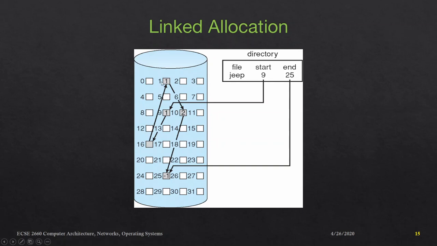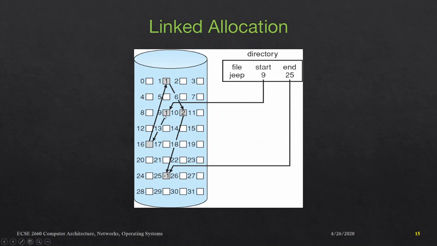So all those blocks have two things. One is part of the file and the other is the pointer to the next block. One problem that could happen over here is if the link breaks, then we lose a good portion of the file.